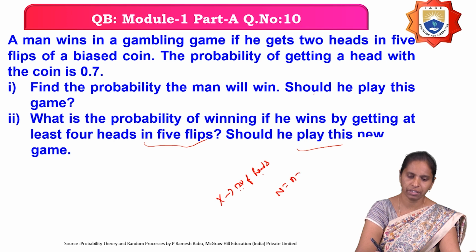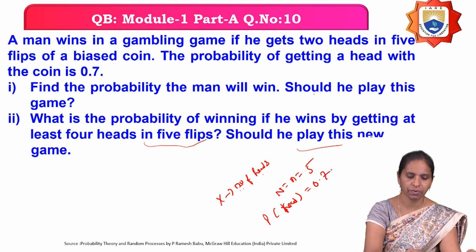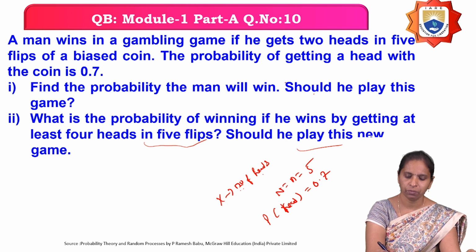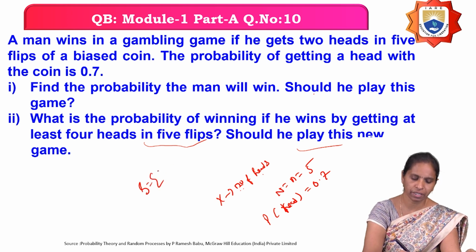N equals 5. And what is the probability of getting a head? P of x equals head, the probability of getting a head, equals 0.7. Next, what you have to calculate is the probability that the man will win or not. When you flip a coin, what are the possible outcomes here? You get either head or tail.